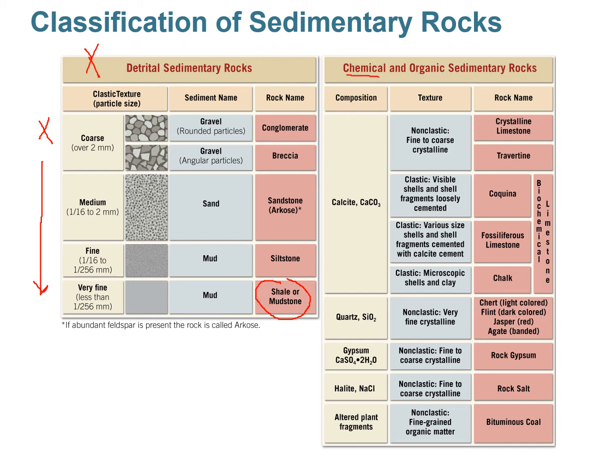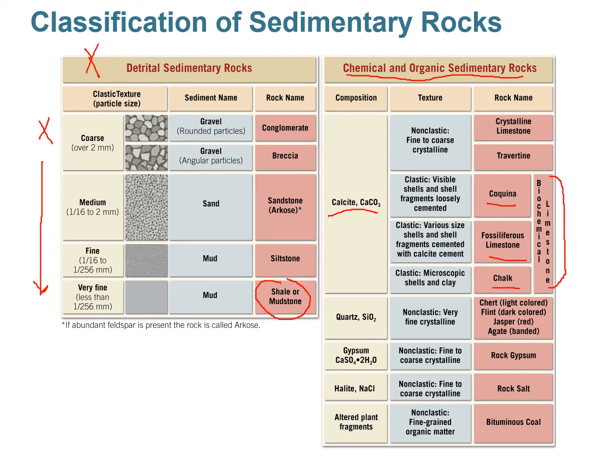On the other side, we have chemical and organic sedimentary rocks, and these are differentiated by composition. If you have a chemical or organic sedimentary rock that's made of calcite, then it could be a biochemical limestone. So that could be coquina, fossiliferous limestone, or chalk.